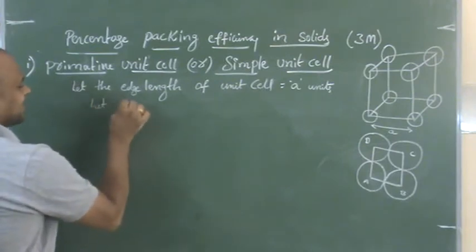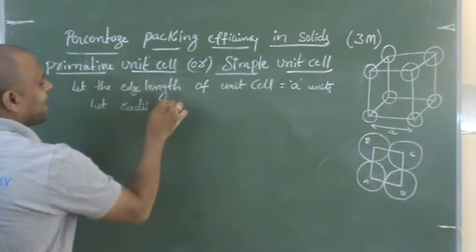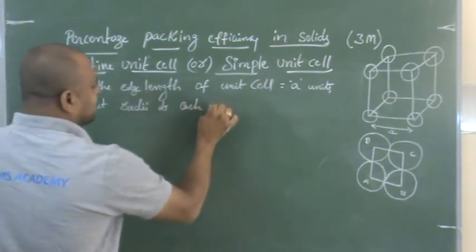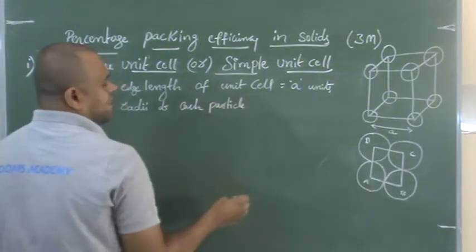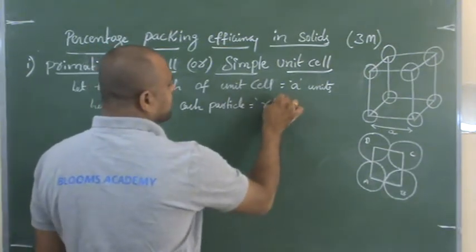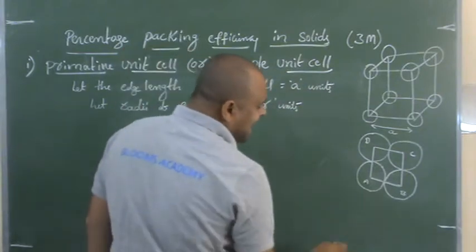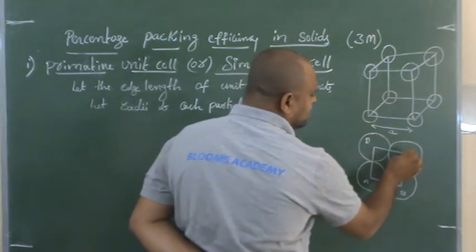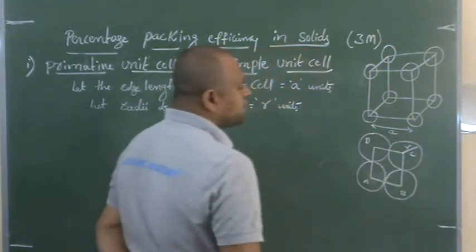Now, let the radius of each particle be r units. Here, the radius of any particle is r units.